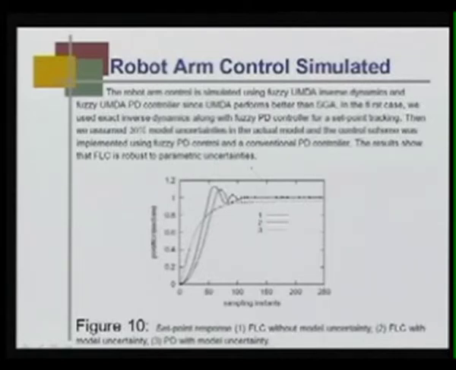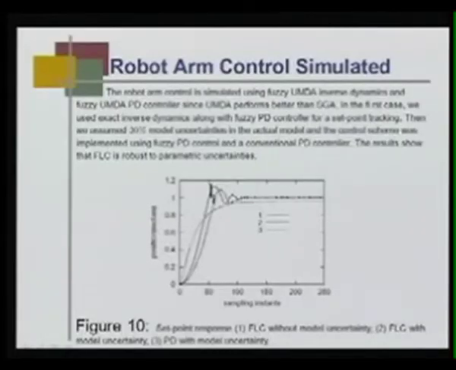You see, in the beginning this solid line represents when the model is exact, for which we have derived the fuzzy inverse model and the fuzzy controller.